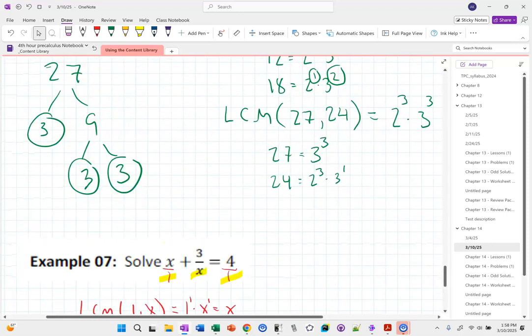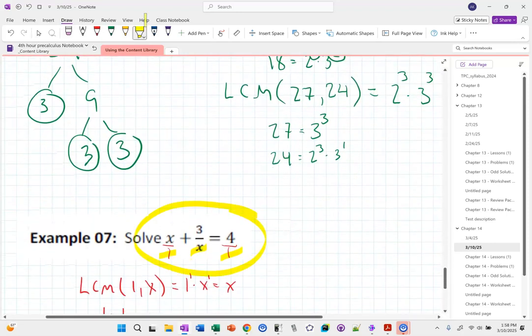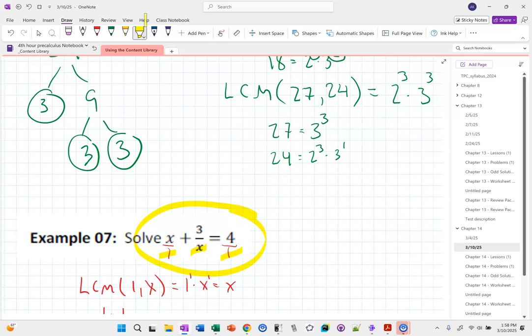But the original problem was a rational whose domain is not necessarily all real numbers. So it's possible that one of these solutions, or both of these solutions, fell into the hole in the domain of that rational function. So we need to make sure that we're checking our answers to see if that happened, because our answers may not all work.